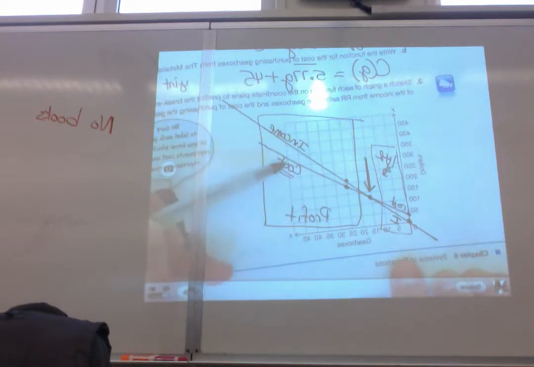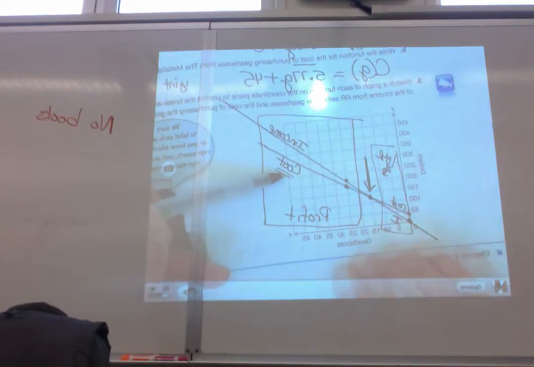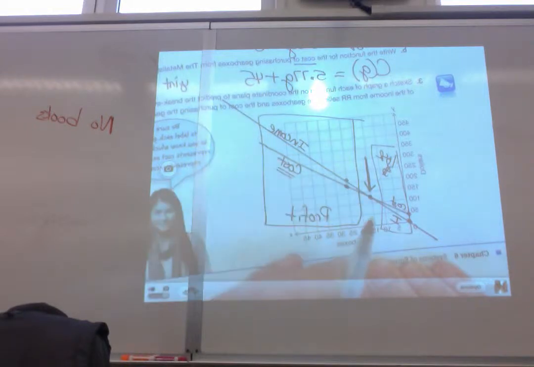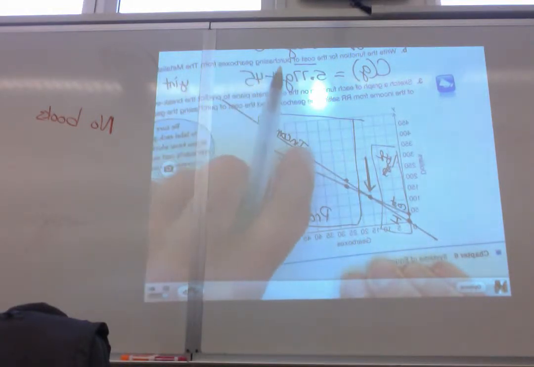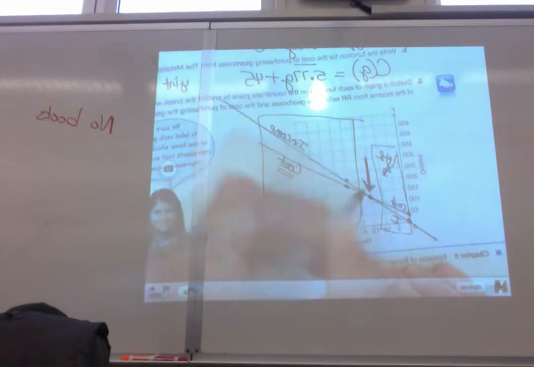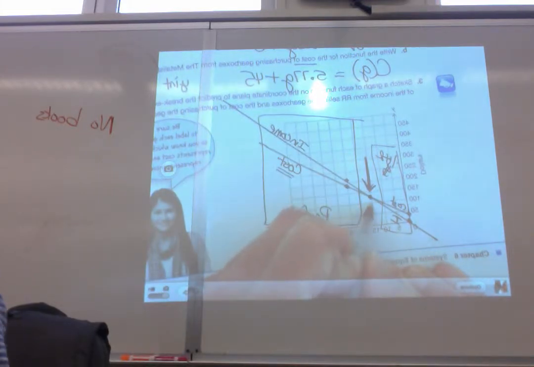Both of those functions have their own linear equation, but the break-even point is where they are equal. And it was important in this scenario that after that break-even is where income started to get higher than cost. You're going to make a profit. But the break-even point is where the two functions meet. Okay?